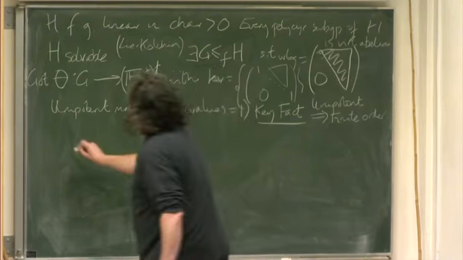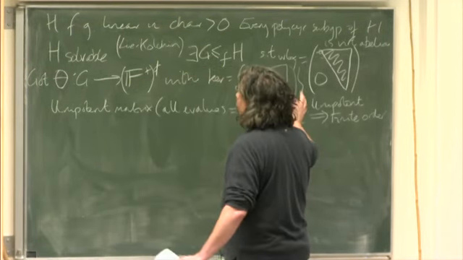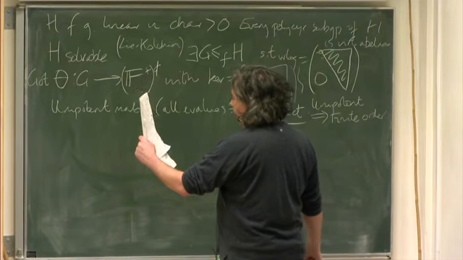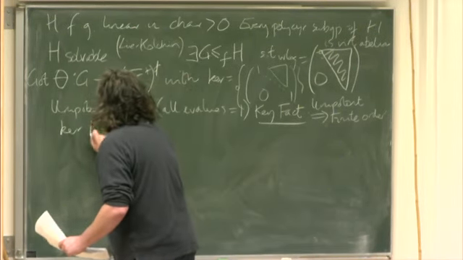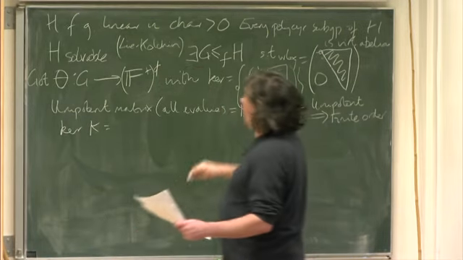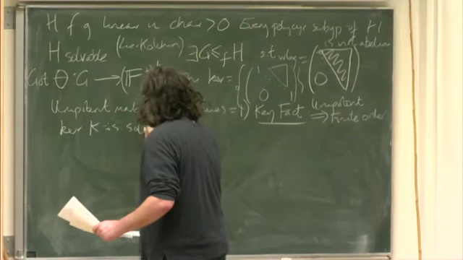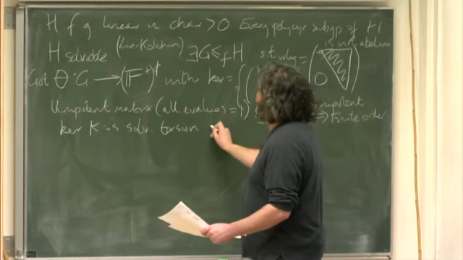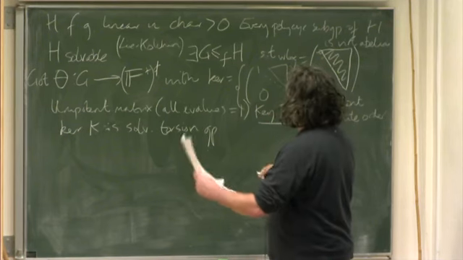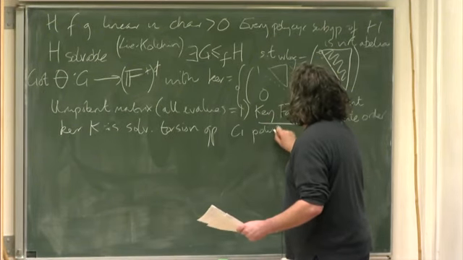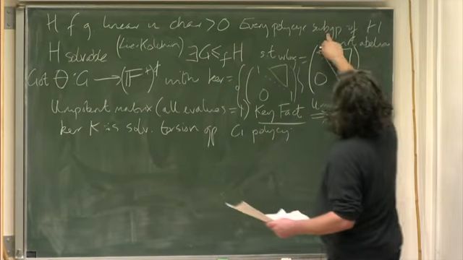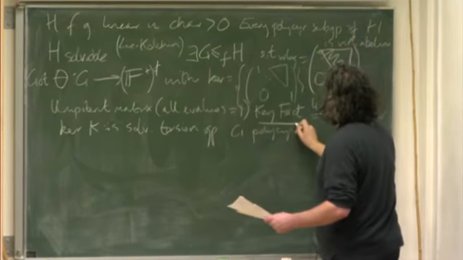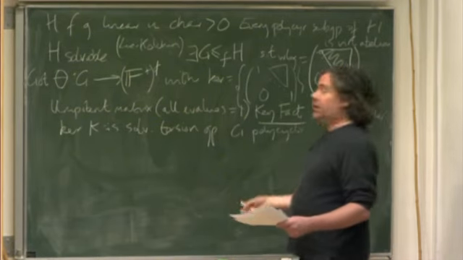Okay, so where are we? We've got the fact that the kernel K is therefore, in the positive characteristic case, a solvable torsion group. Now we know all about torsion groups, and they need not be finite in general. But now suppose we move to G being polycyclic, which was actually the original hypothesis, or H is polycyclic and we're taking finite index subgroups, so we're still polycyclic. Then every subgroup is finitely generated.